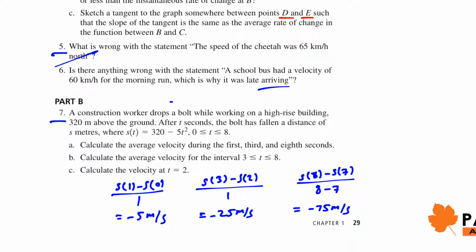Calculate the average velocity for the interval t between 3 and 8.